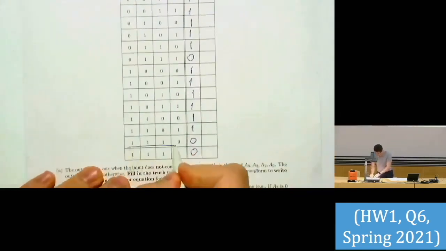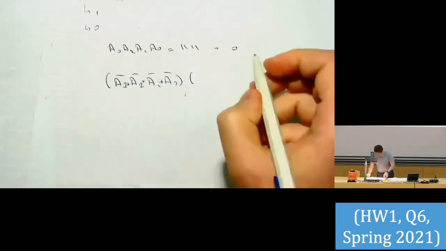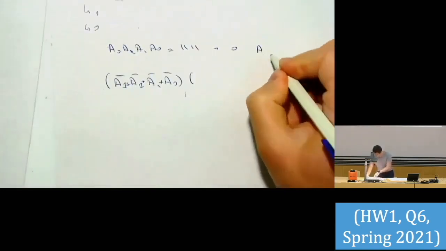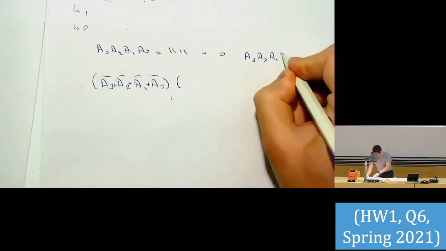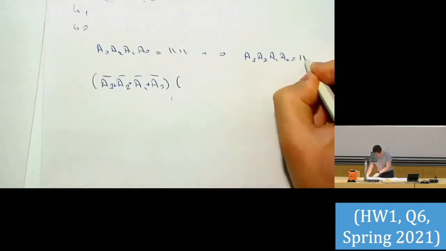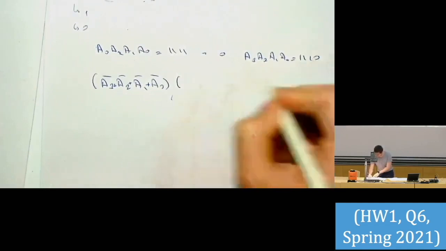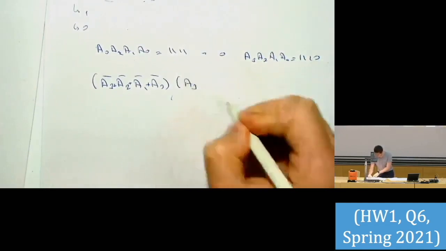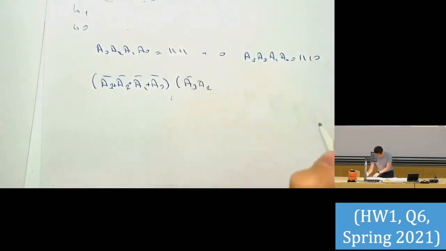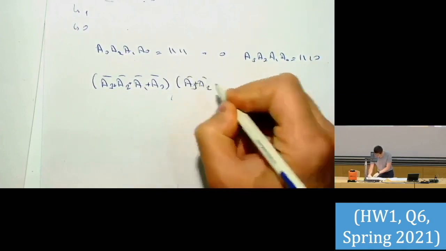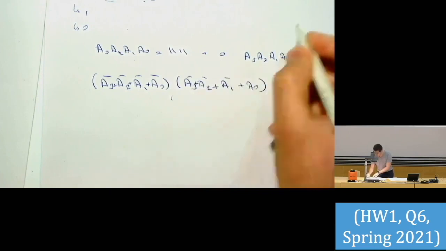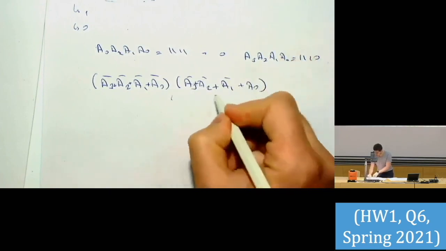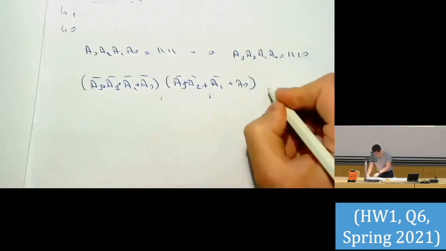Another term will be for this. A3, A2, A1, and A0 is 1, 1, 1, 0. So how can I write it in a term? It is basically A3 not, A2 not, or A1 not, and A0. So if you put 1, 1, 1, 0 here, then this will become 0.